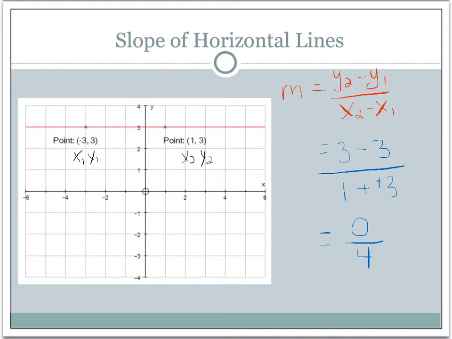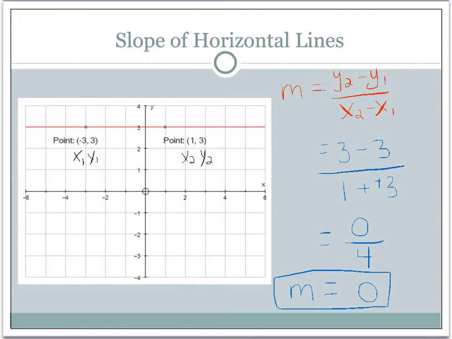Now let's think about this for just a minute. You should remember that when you have a 0 in the numerator, that this number just becomes 0. And so we would be able to say that the slope of this line is 0. And so this is going to work for any horizontal line. Anytime you have a horizontal line, you know that your slope is going to be 0.